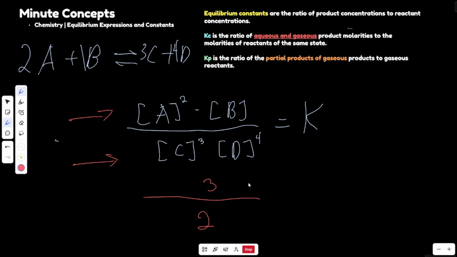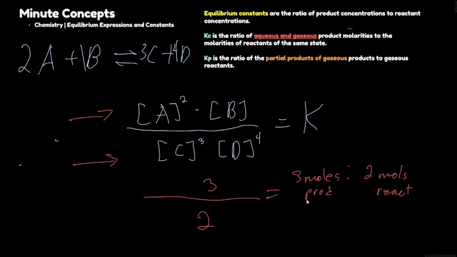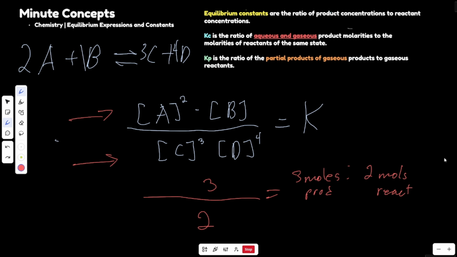This means that for every 3 moles of product, there's going to be 2 moles of reactant at equilibrium. So basically, it's saying that at equilibrium, there's going to be more product. Why does understanding this help us? This helps us understand how K behaves.